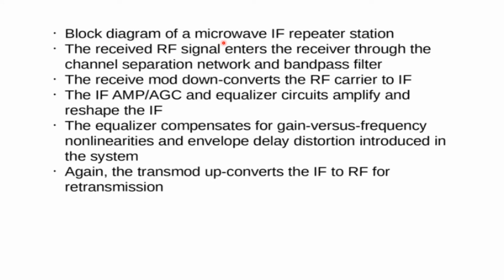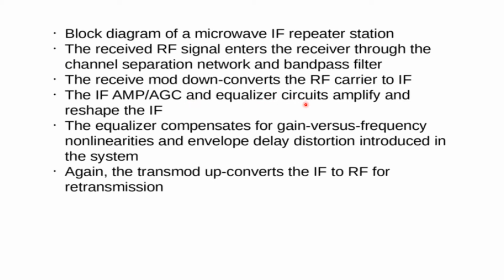So the figure shows a block diagram, and the received RF signal, as I told, enters the channel separation network and bandpass filter. Then we have to down convert our RF into IF, and for IF processing, shaping, amplifier, AGC or equalizer circuits are used.